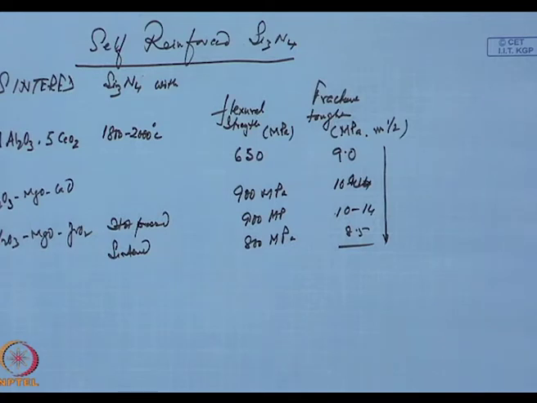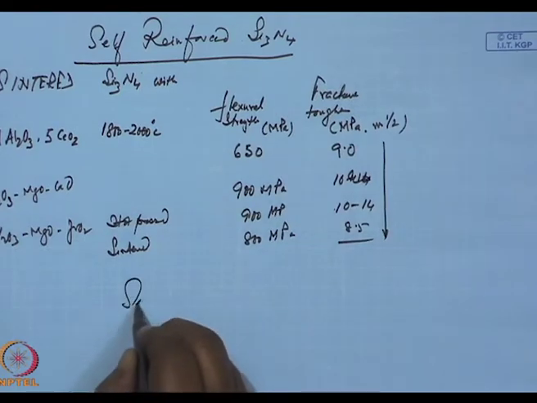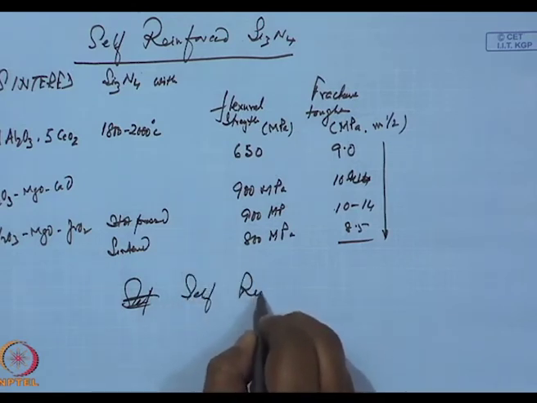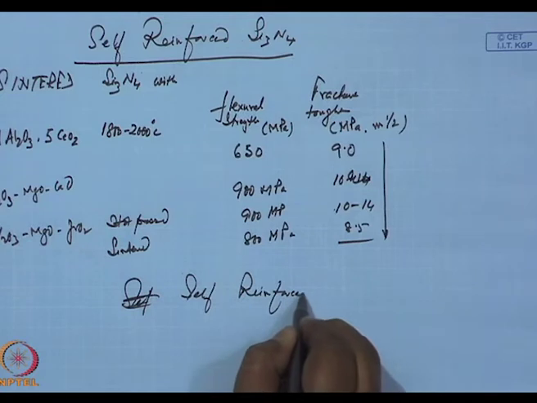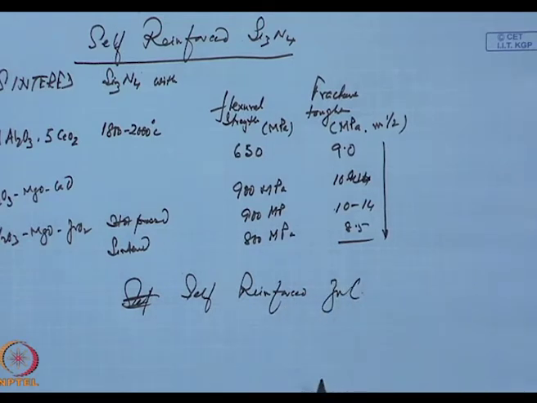There are various examples of such toughening, that is, there is self-reinforced zirconium carbide. I would say this is the best example of self-reinforced zirconium carbide.